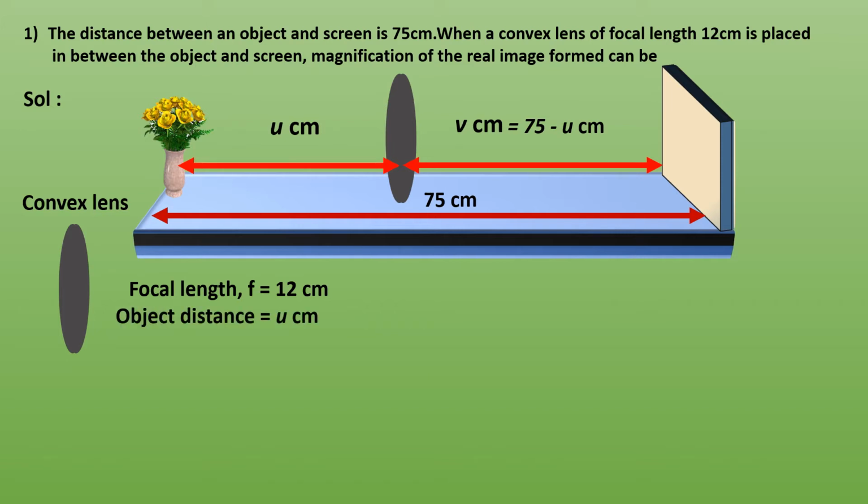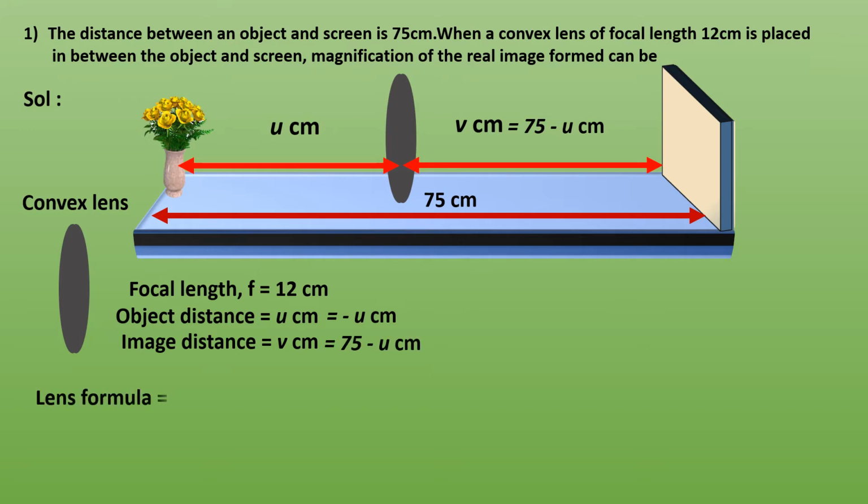Now object distance is equal to u centimeters, that is equal to minus u centimeters we have to take as per sign convention, and image distance is equal to v centimeters, that is 75 minus u centimeters.